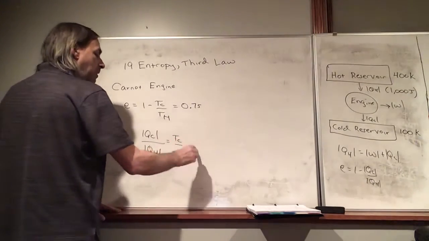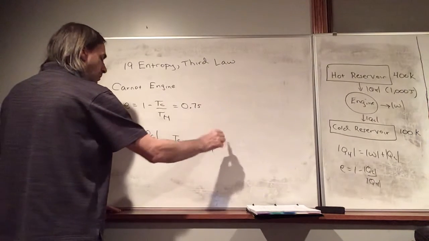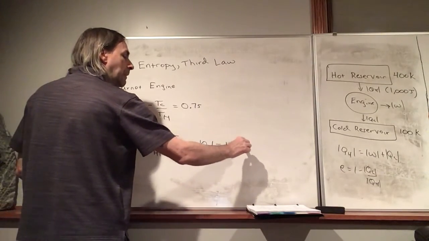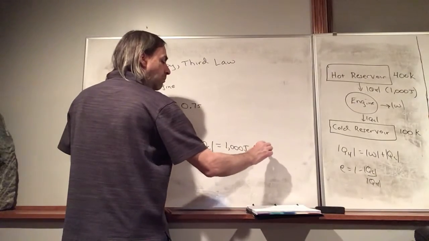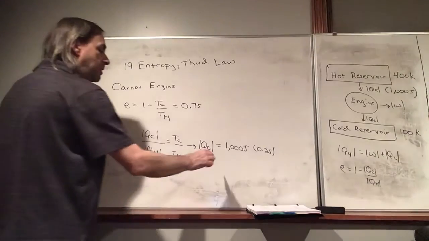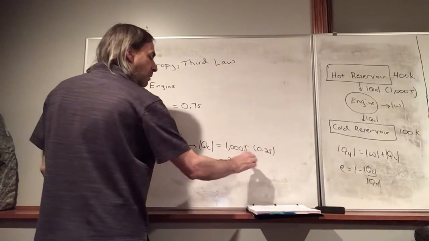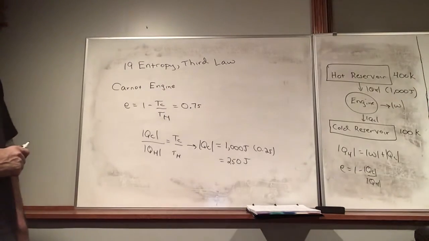So QC would be QH, which is 1,000 joules, times TC over TH, well, 0.25. So QC would be 250 joules. So again, that's for this Carnot engine.